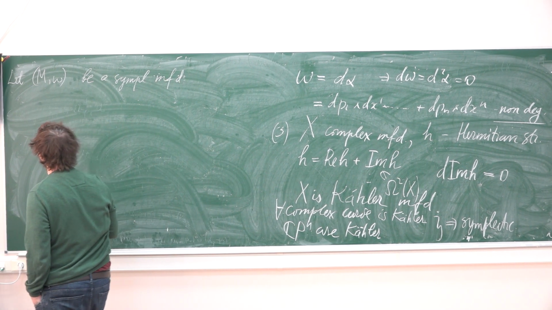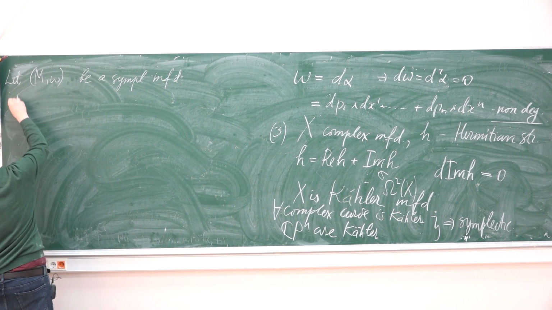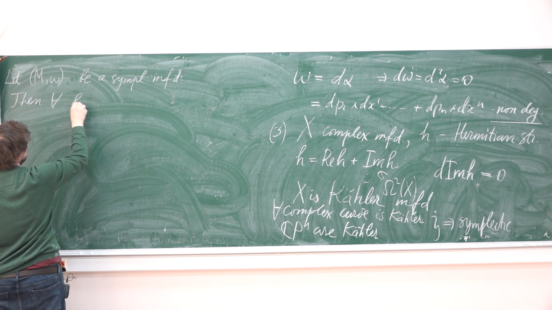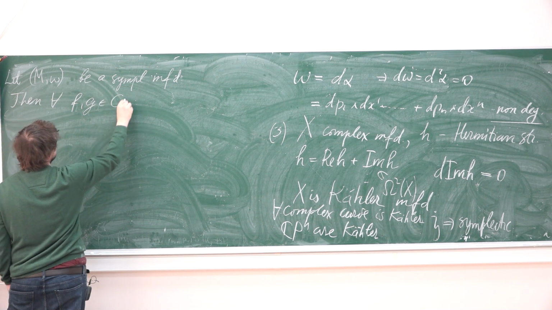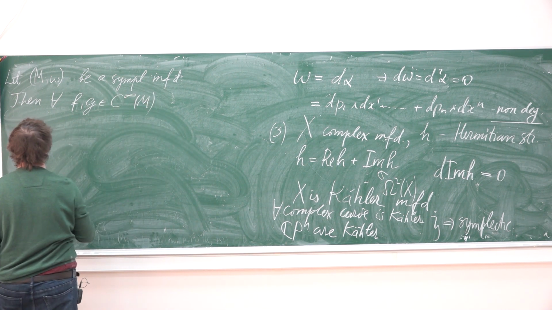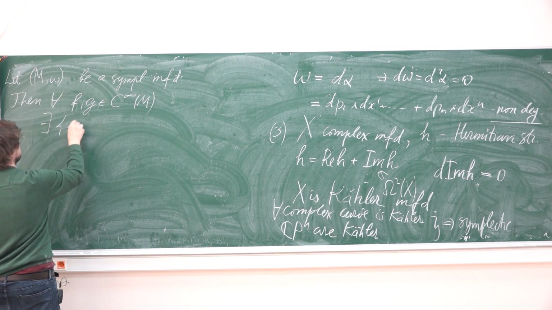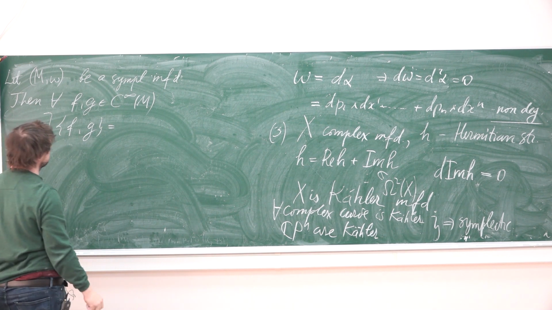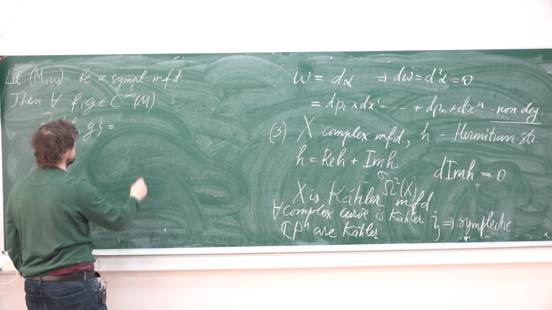Then for any pair of smooth functions f and g on M, I can define their Poisson bracket. Sometimes people introduce a sign here, but I prefer to work without signs.